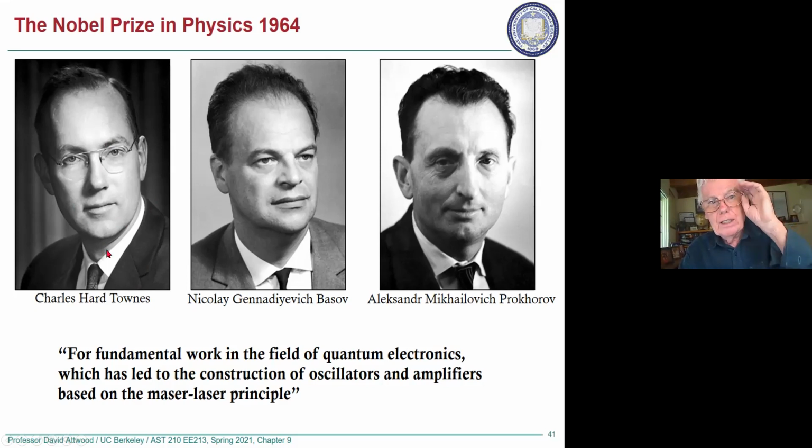Initially, his work was on microwave amplification, the maser, okay? But the true goal was to get to a light amplification, which they called the optical maser, but later the better name of laser was invoked.